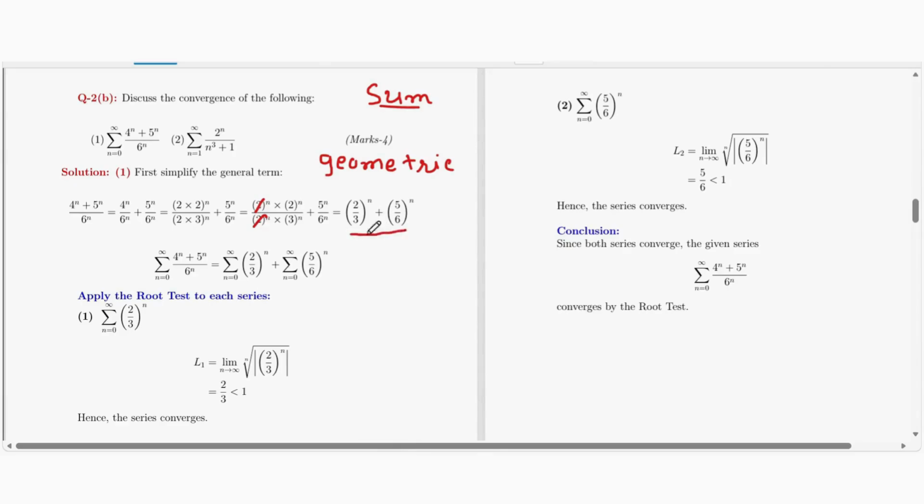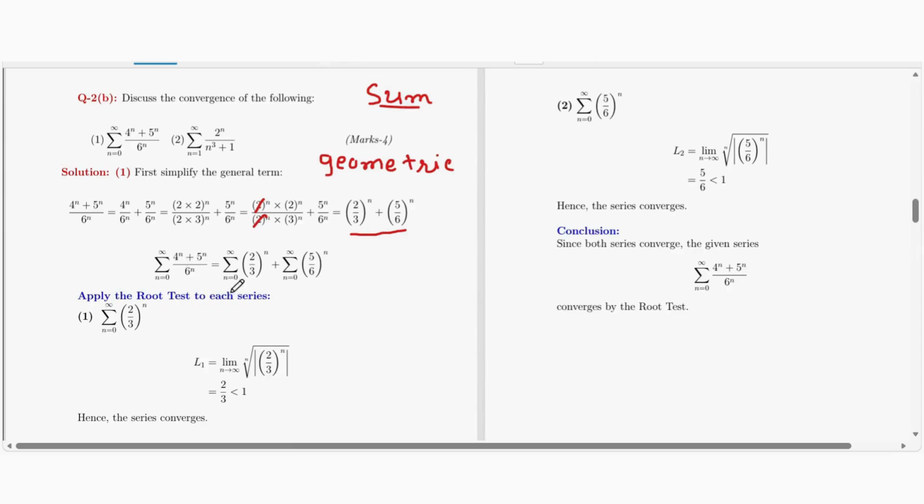So here we separate the term. So now the series 4 raised to n plus 5 raised to n upon 6 raised to n can be written as a sum of two series. First is series 2 by 3 raised to n plus second series is 5 by 6 raised to n. Okay. So now our given series is a sum of two series. So to find the convergence of this series, what we need?